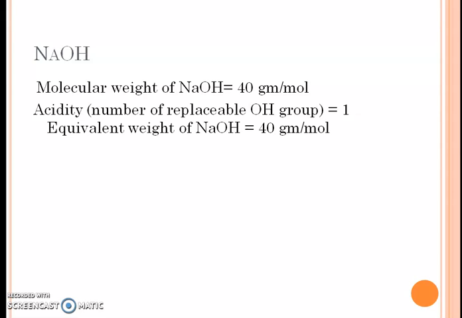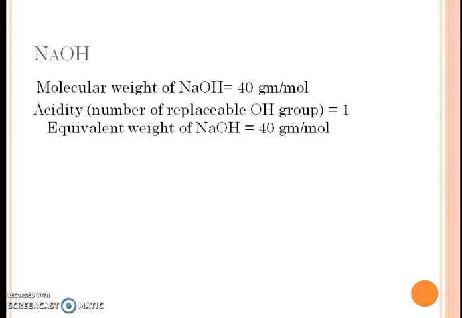And if we need to prepare a solution of particular normality, then we must know the equivalent weight of our substance, because during calculation of molarity we take into consideration molecular weight, and during calculation of normality we take into consideration equivalent weight.